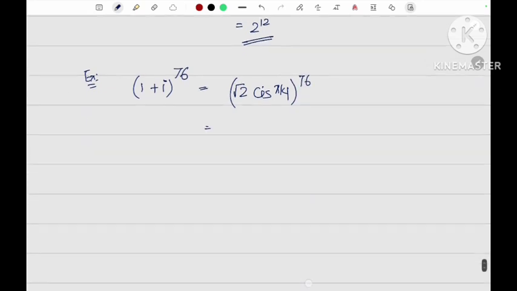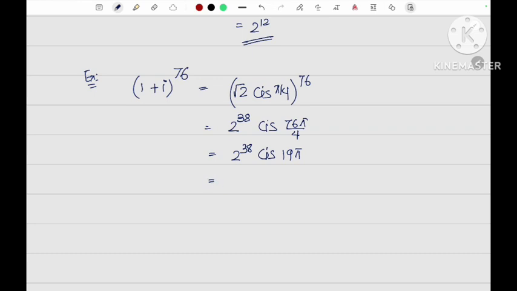This will be 2 to the power 38, right? cis 76 pi by 4. That will be 2 to the power 38 cis 19 pi, no?